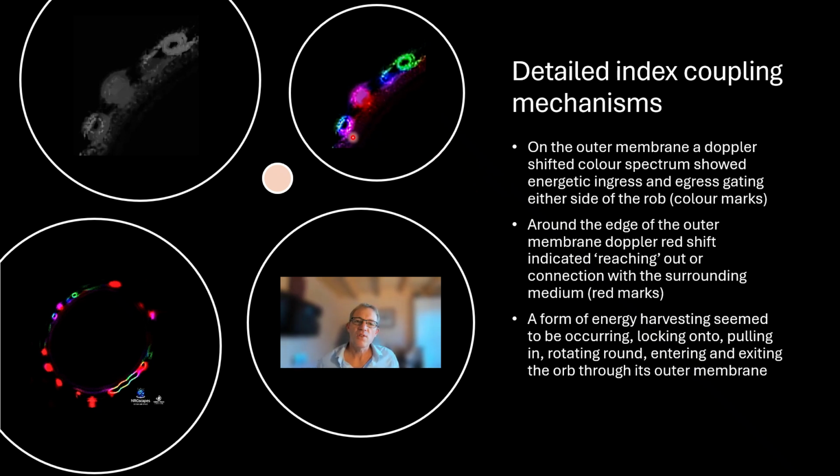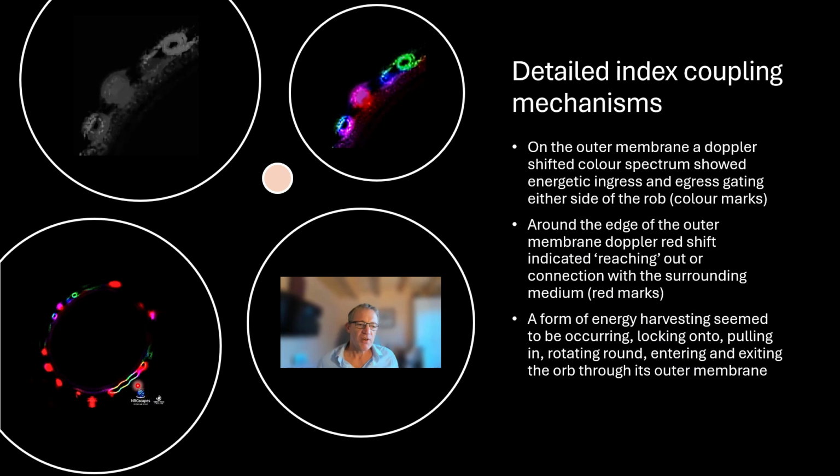And you can quite clearly see here the outer membrane, and sitting just on top of it, there's this valve indexing which regulates or controls the egress of energy after it's entered the orb. You can see all the external structure here on the outer membrane.